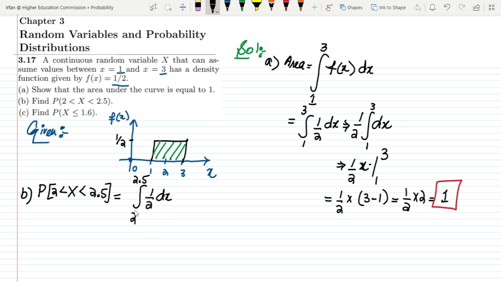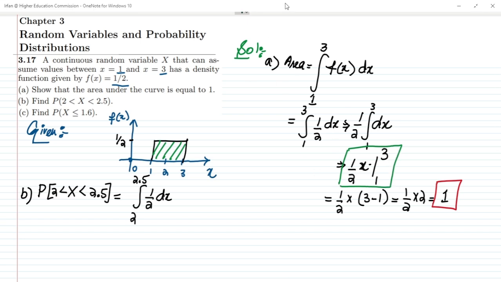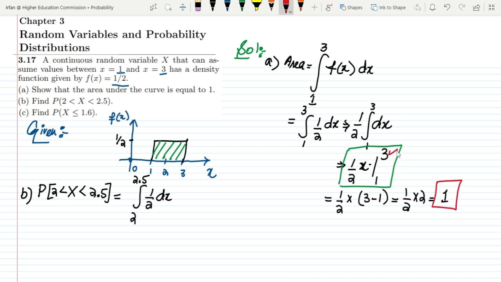Integrating it just like before, we get the same expression, and only the ranges will be different. So I get 1 by 2 x, with the values of x being 2 and 2.5.